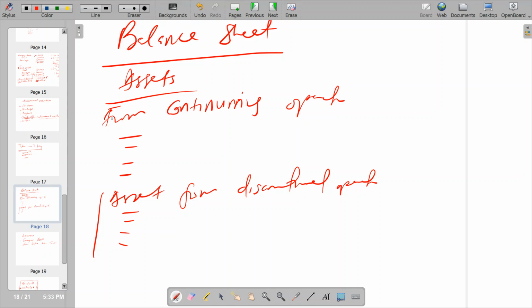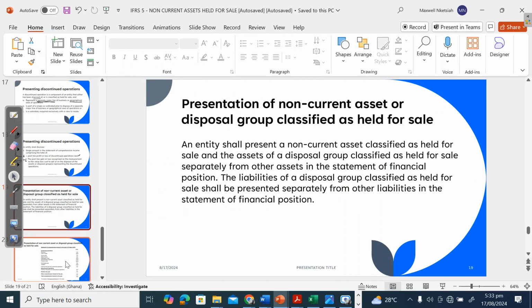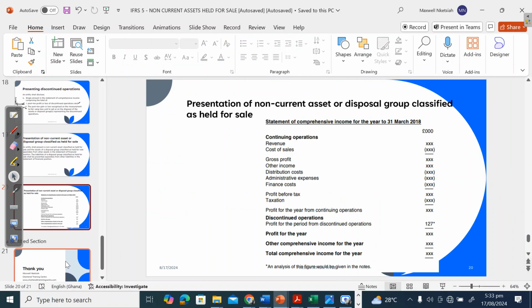We don't mix assets from continued operation with assets from discontinued operation. We separate them. Likewise liabilities. We don't mix liabilities from continued operations with liabilities from discontinued operation. We have to separate them. It's for presentation purposes. It also gives more information on what is going on. So when somebody picks up the report, at least the person knows that some of the company's operations has been discontinued.